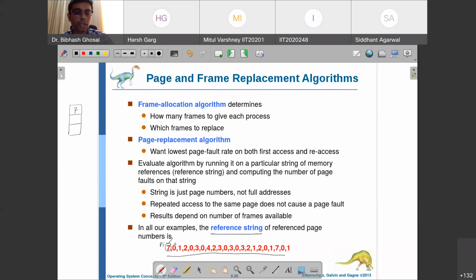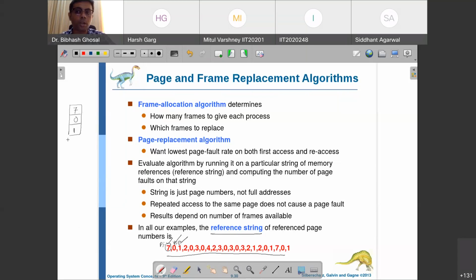Done. Next, is 0 in the frame? No, again a page fault. Again I will bring 0. Done. 1, is it in this? No, again a page fault. I will bring 1. Done. 2, is 2 here? No. Is there space?